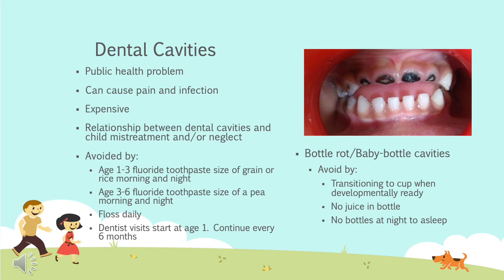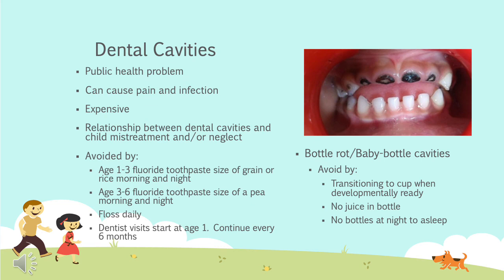There is a relationship between dental cavities and child mistreatment and or neglect. So it's not a complete relationship, meaning that just because someone has a cavity doesn't mean that they're being mistreated or neglected, but it is more common in households where mistreatment or neglect is present.